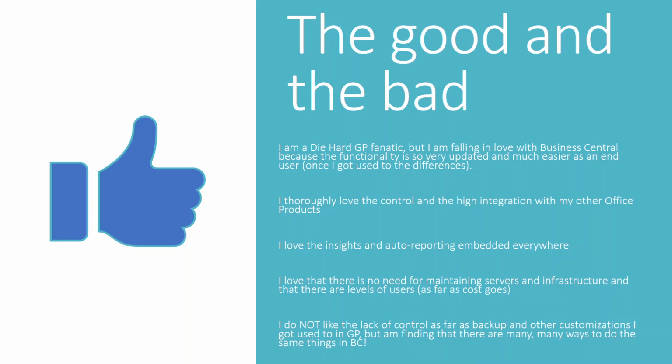What I don't like about BC as compared to GP is that I don't feel as in control of the security, or in the event that you really do have a business scenario in which you need to customize the functionality of an ERP system. I don't like that customizations are harder in BC.